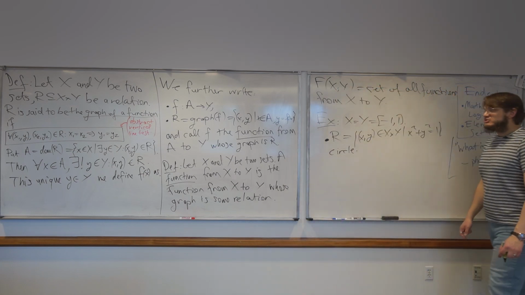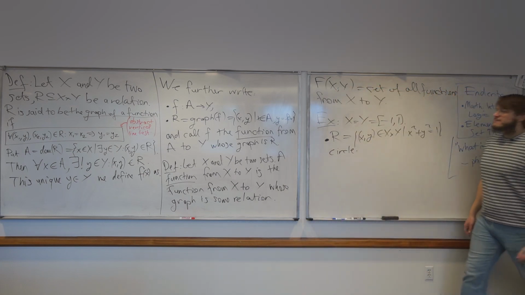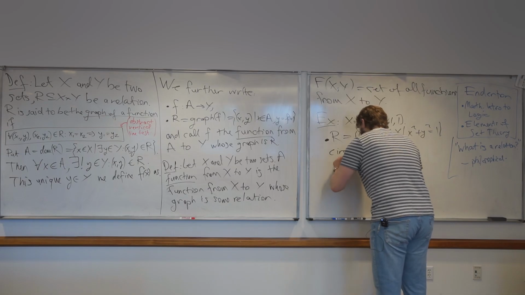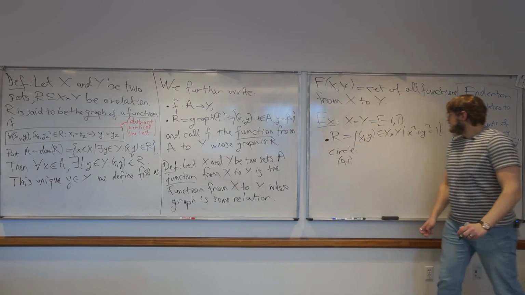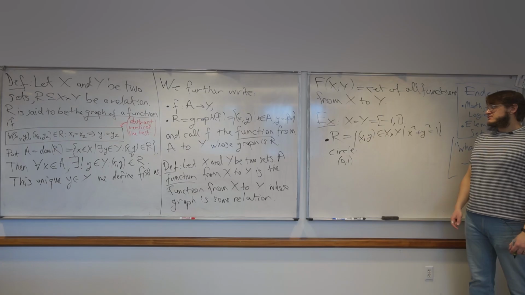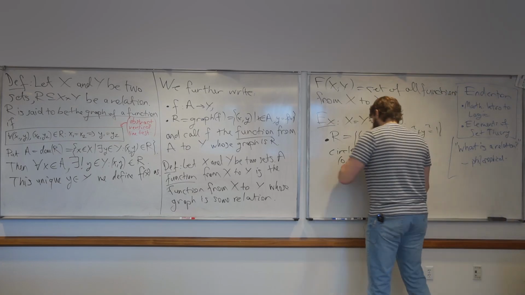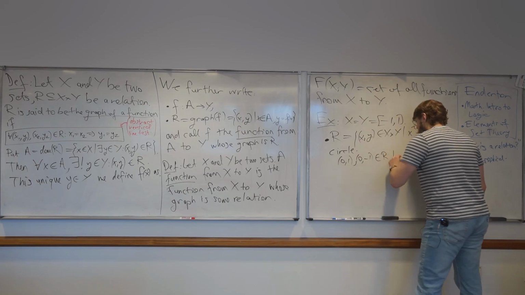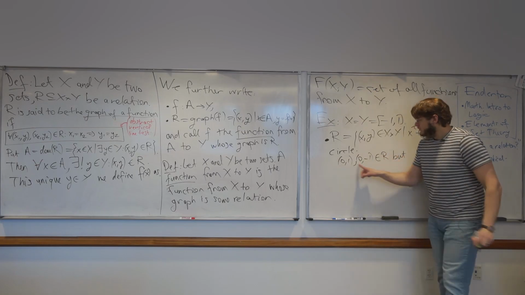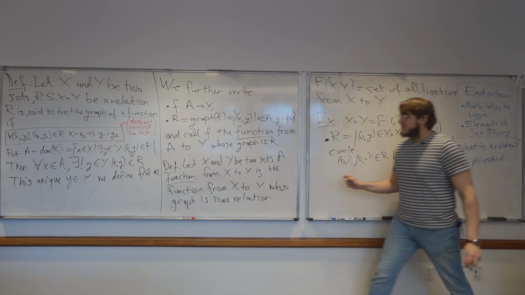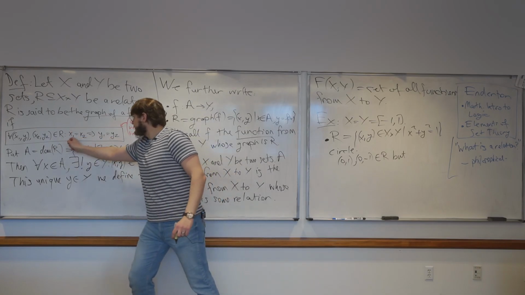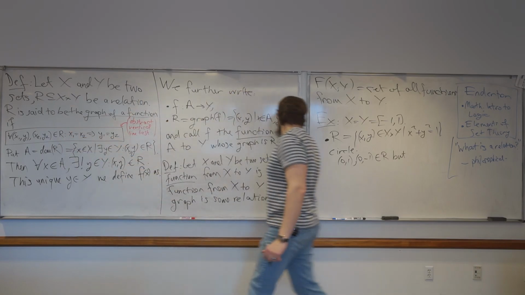Well, no, because, for instance, (0, 1) is in the relation, and so is (0, -1). Certainly, the x coordinates are equal, so the hypothesis is satisfied, but not the conclusion, you see.